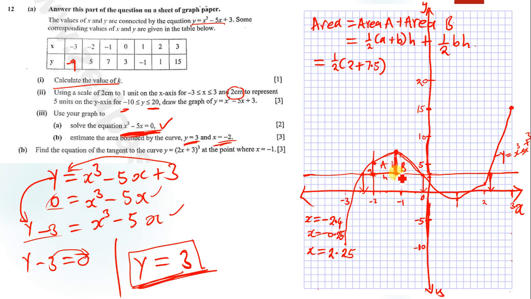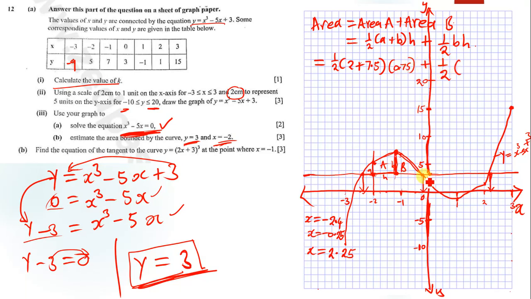So 1.25 and this is 2. When you subtract 1.25 from 2, you get 0.75, meaning the distance from here to that point there is 0.75. And then we add it to the area of a triangle.